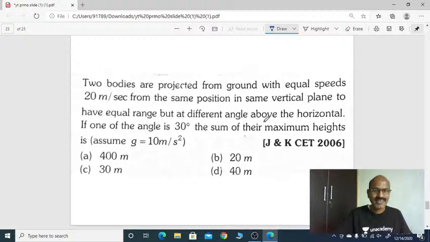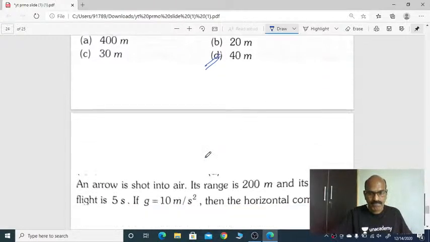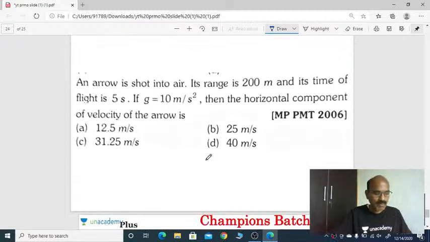Two bodies are component, right? These last two problems we will discuss in the next class since time is up. So for the previous one, as I said, you need to use H1 plus H2.